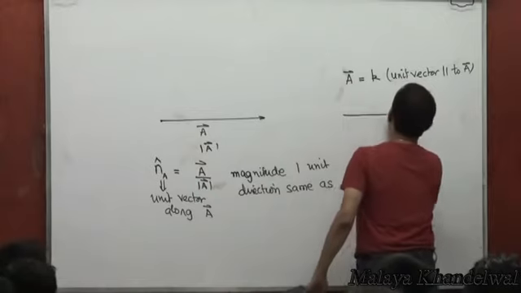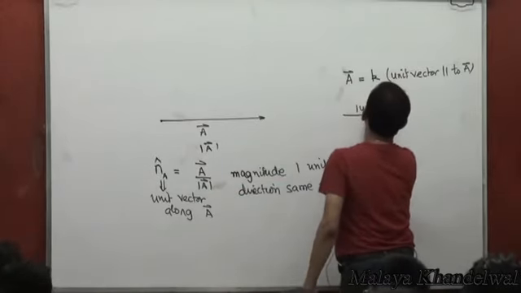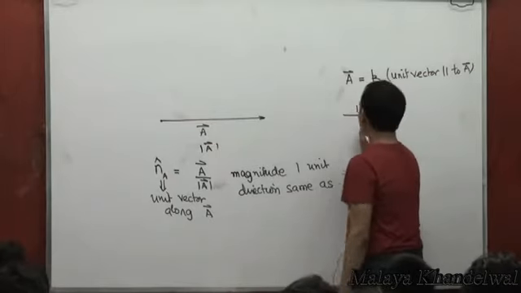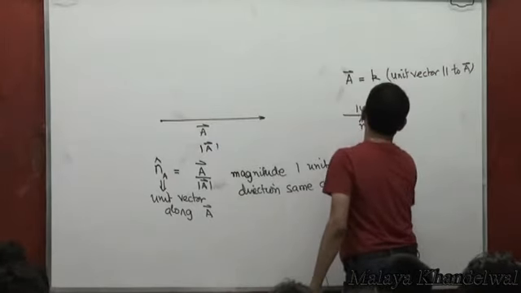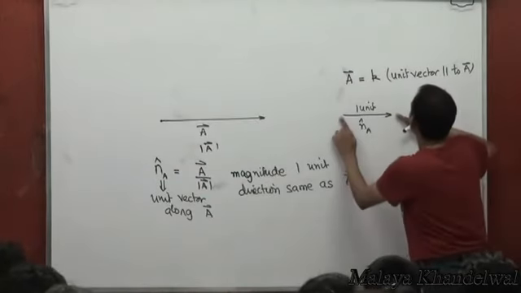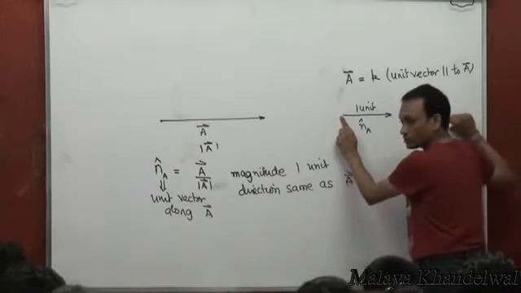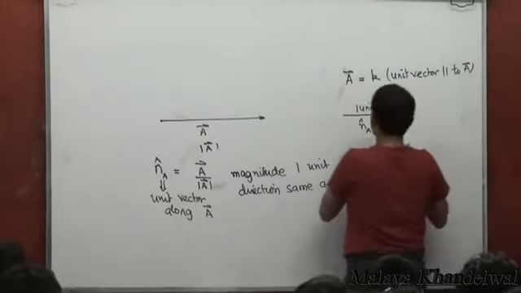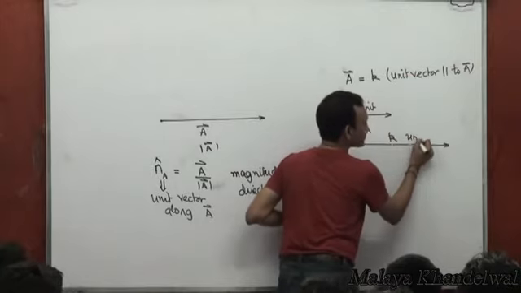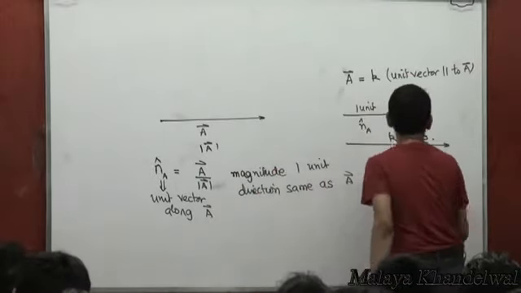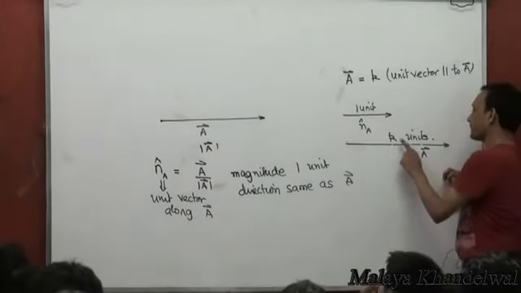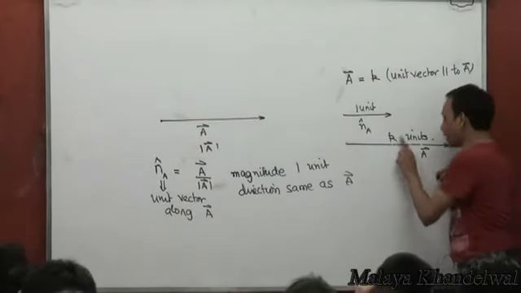Suppose you have a vector of 1 unit magnitude in this direction, and you call this vector n cap A. Then if I want a vector whose magnitude is k units, you can call this vector A, for example. This is a vector of magnitude k units.